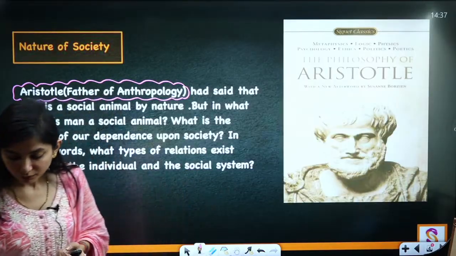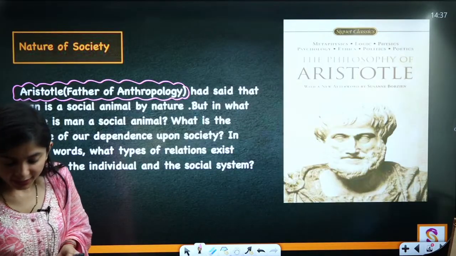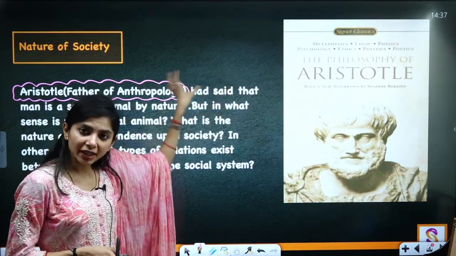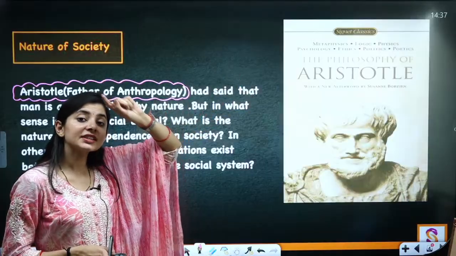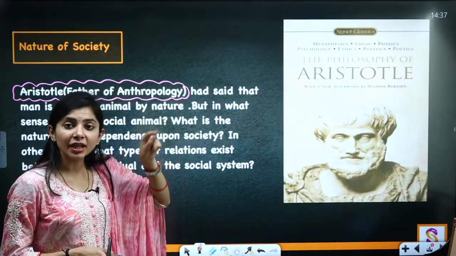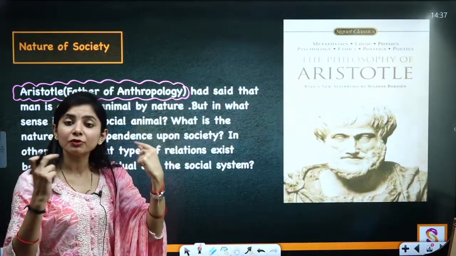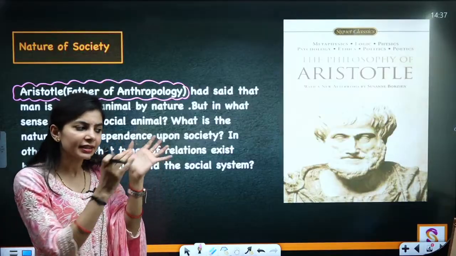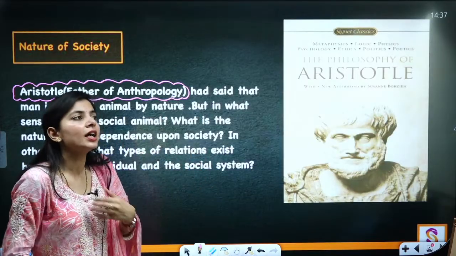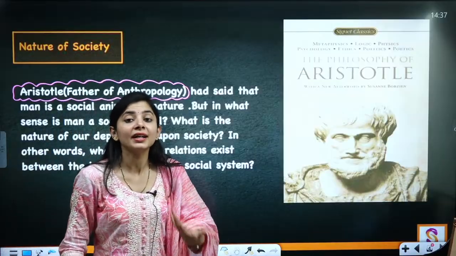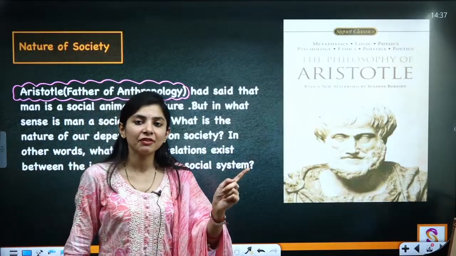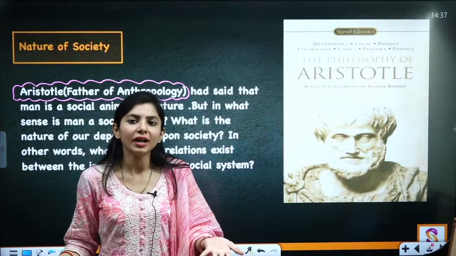Fine. Now try to understand this: whenever Aristotle was referring to the nature of the surrounding environment, he was referring to some basic animals. This is the basic question. You can't ask me, ma'am, why birds fly and why fish don't fly. You can't. Why?